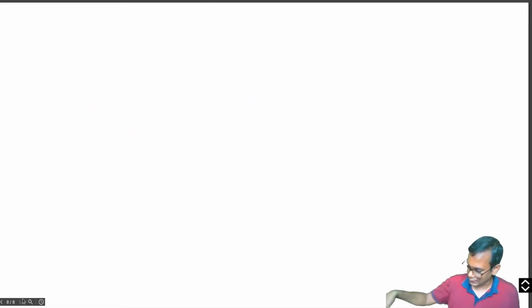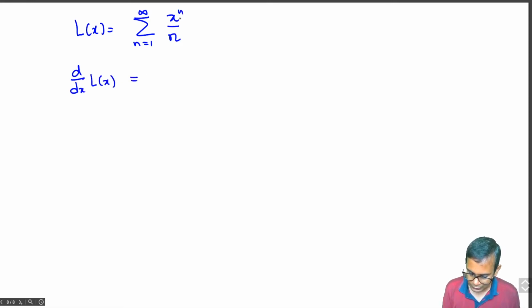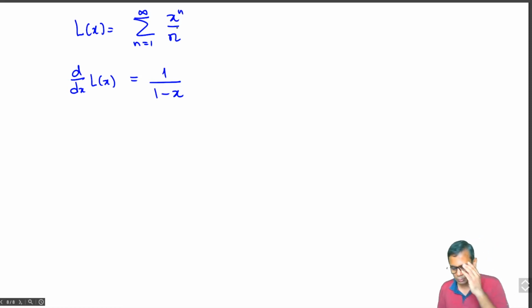So what we have is L(x), remember we defined this to be the summation n goes from 1 to infinity x to the n by n, a formal power series. And so d/dx of L(x), if we differentiate this, we'll just get 1 over 1 minus x, because the derivative of x to the power n divided by n is just x to the power n minus 1.